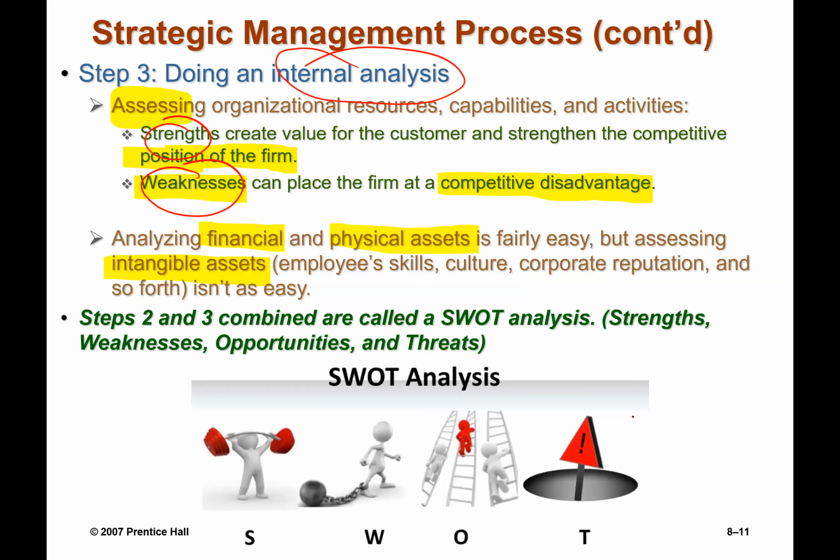And when you analyze, there are so many indicators that we already mentioned in change management last week. You can take a look at the financial indicator and then physical asset. For instance, UTM has a big campus. That's what we call physical asset.